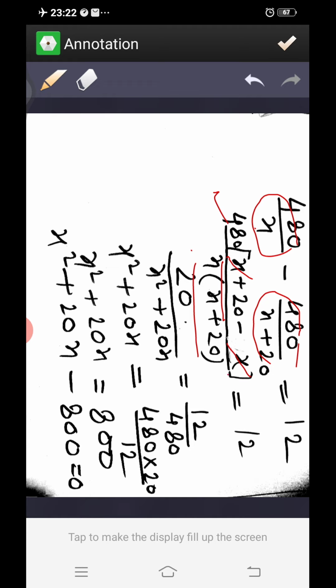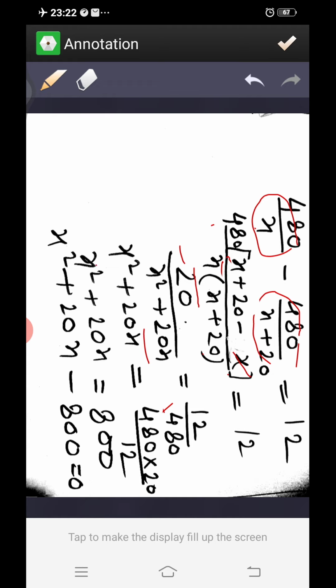Then how much is left here? 480. This we send to the right hand side. Then this 20 is left on this side upon x into x, x square, and x into 20, 20x. Now we do cross multiplication.